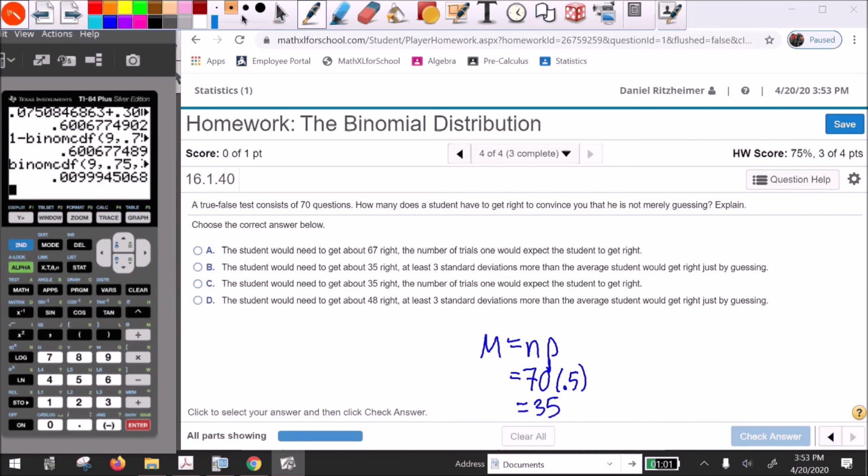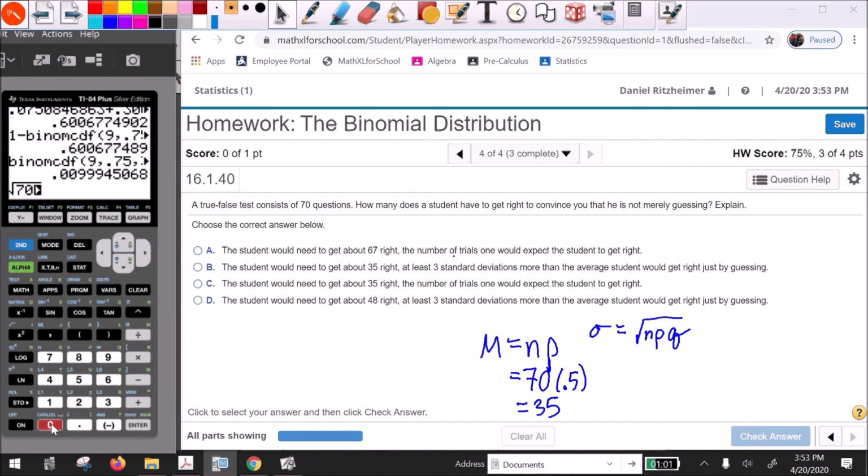Now, how many questions would they have to answer correctly to convince us that they're not merely guessing? You can kind of think about that in terms of standard deviations. The standard deviation of a binomial distribution is the square root of npq. So the standard deviation in the number of correctly answered questions in this case, square root of npq, is equal to 4.18.